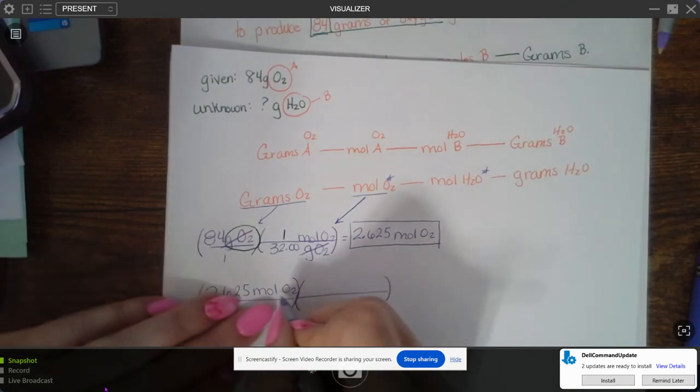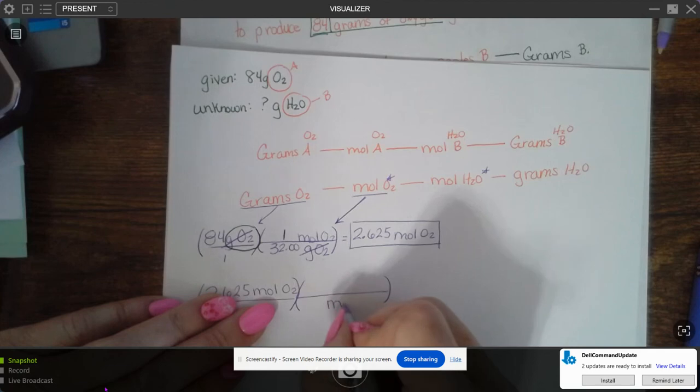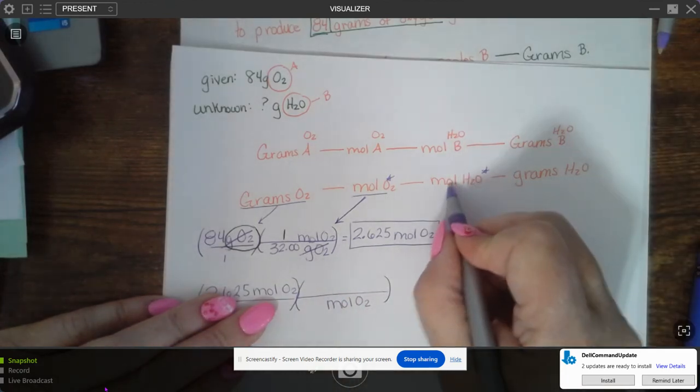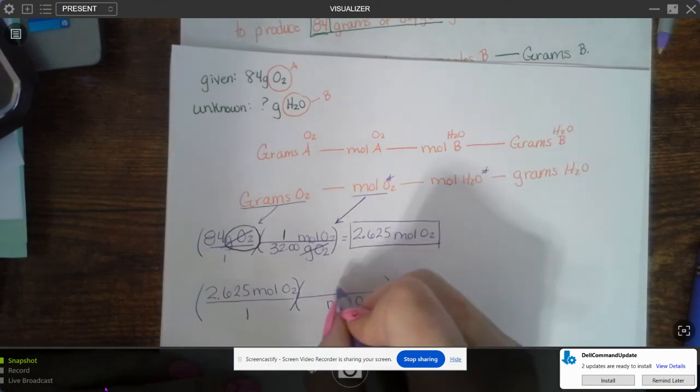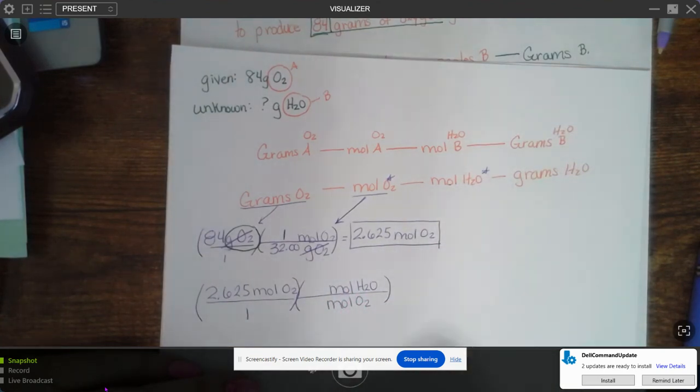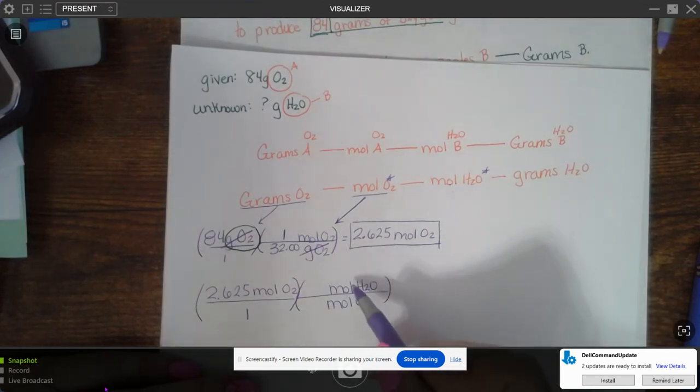So on the bottom of my conversion, I'm going to have moles of O2, and on the top I'm going to have the next step in the mole map, moles of H2O.